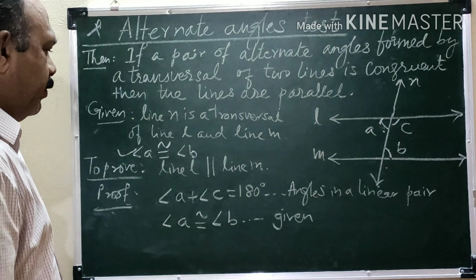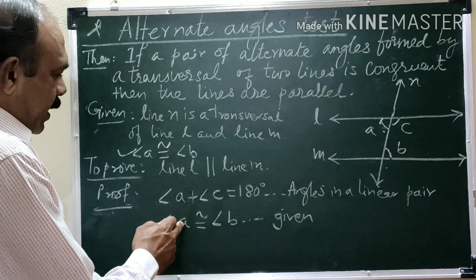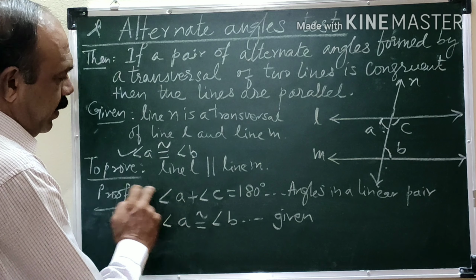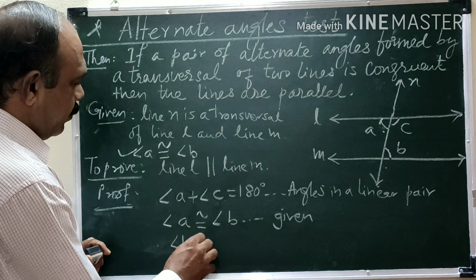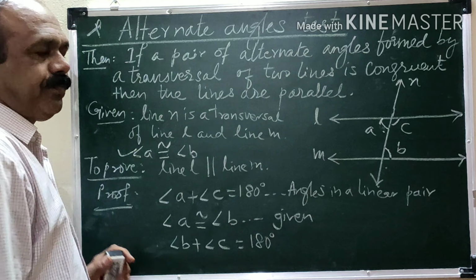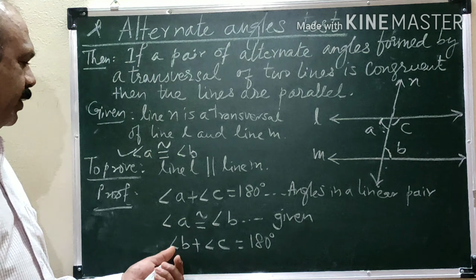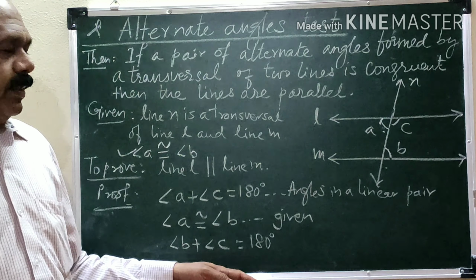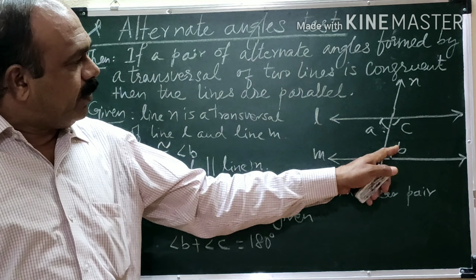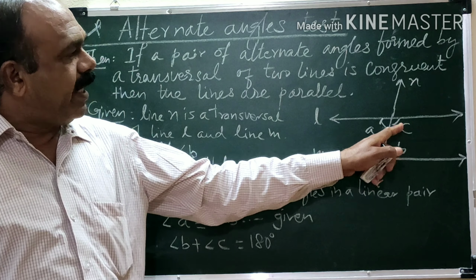Right? Now see here, as A and B are congruent, in this equation, instead of angle A, we will write angle B. Therefore, angle B plus angle C is equal to 180 degrees. Now if you see here, you will find that angle B and C are interior angles.